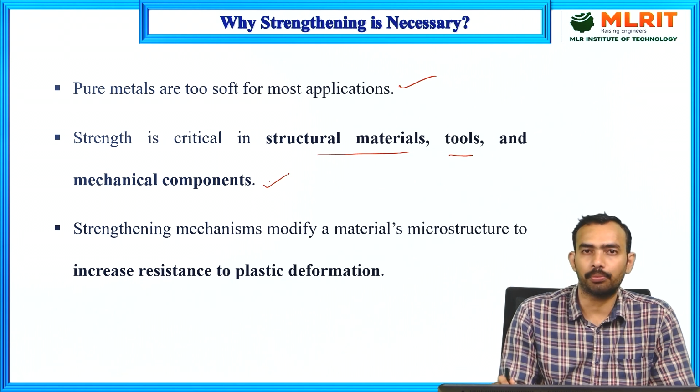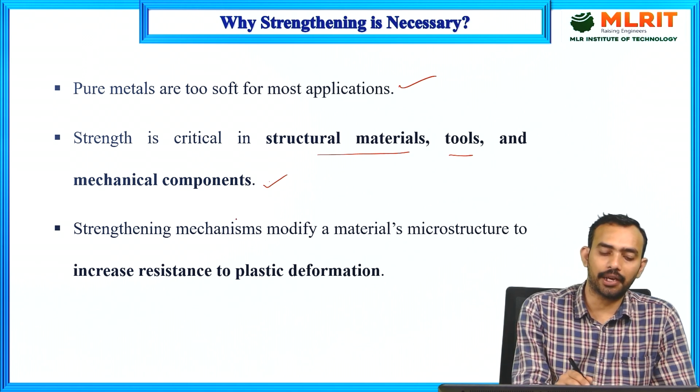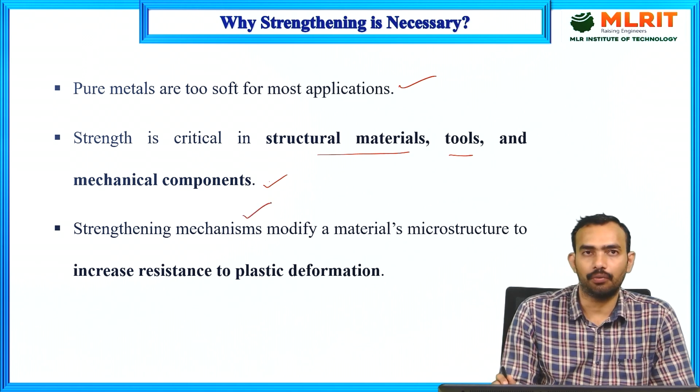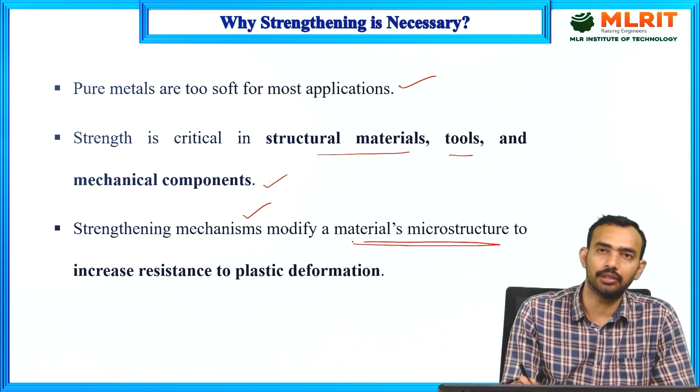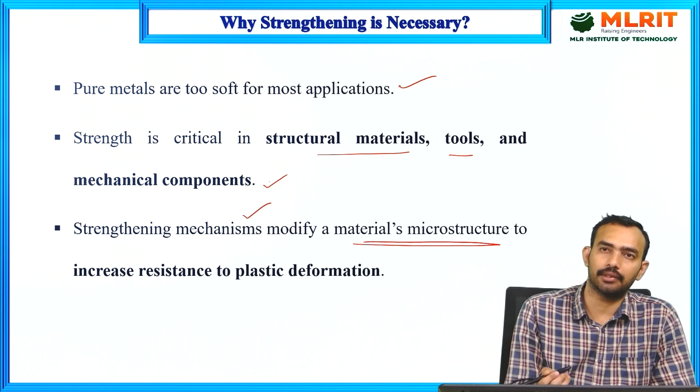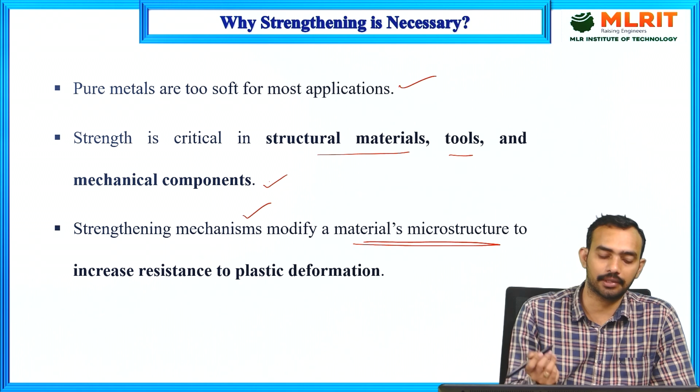Strength is a key component here. So increasing the strength is a key criterion in metals. So we apply strengthening mechanisms which modify the material's microstructure in order to increase the resistance against plastic deformation.